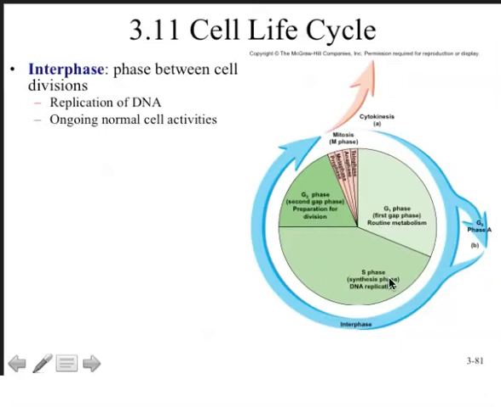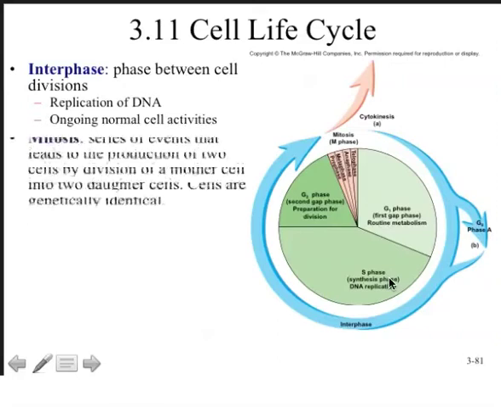So at the end of mitosis you'll have two new diploid cells, each with the exact same amount of genetic material as the original parent. That's the series of events that leads to the production of two cells by the division of the mother cell into daughter cells, and the cells produced are genetically identical. That's important because the two new cells, since they're using the same DNA, can reasonably be expected to look and act the same as the original parent cell.